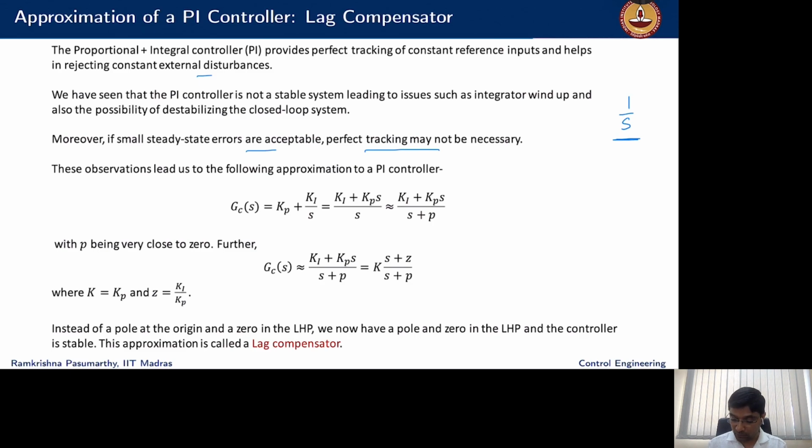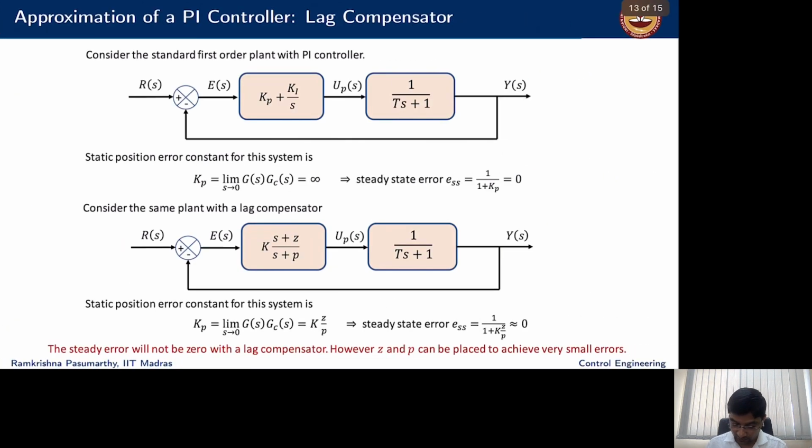So again, what I would do is, the controller has a proportional component and an integral component: Kp plus Ki over s. Again, what do I do? I add a pole. Okay, and the pole p could be very close to the zero. Why is it close to the zero? That is what we will analyze now.